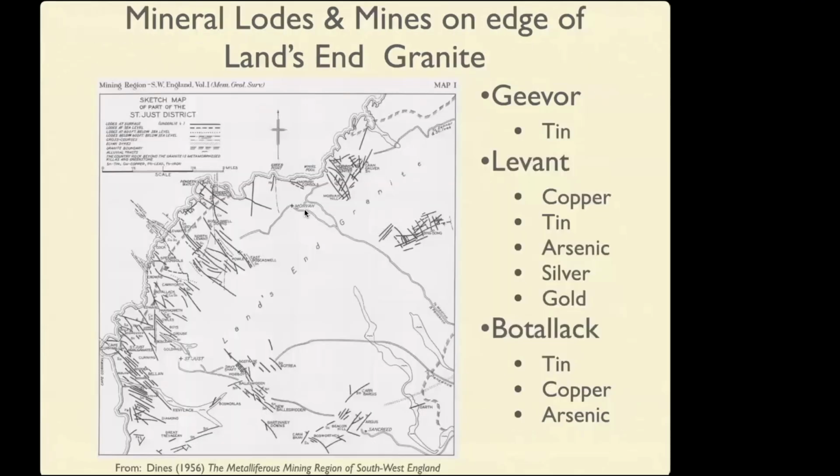So that's here, and you will have heard of some of these things. Botallack mine is here, and these are the Crowns, and then Geevor is there, and Levant is here. We'll look at those, but basically, Geevor was tin mines, Levant was all of those things, and Botallack had tin, copper, and arsenic.